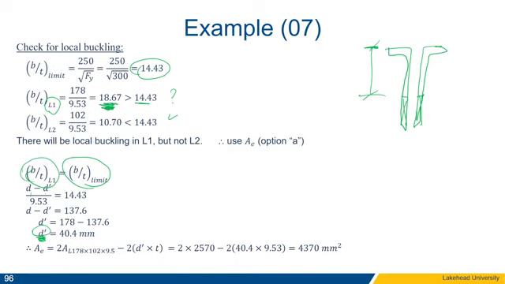So D minus D dash, we know the original depth, but we still don't know how much we need to cut from the angle. If we substitute in this equation, the only unknown that we'll find is D dash. So we found that it is equal to 40.4, which means if we cut a length of 40.4 millimeters, this section would have been satisfying the local buckling.